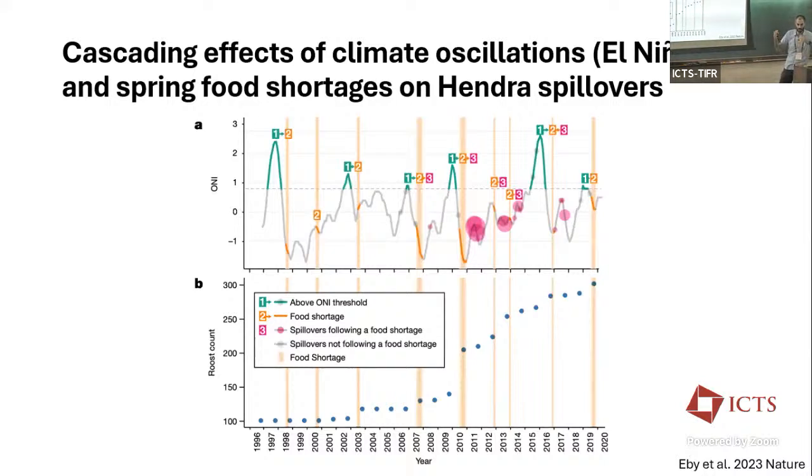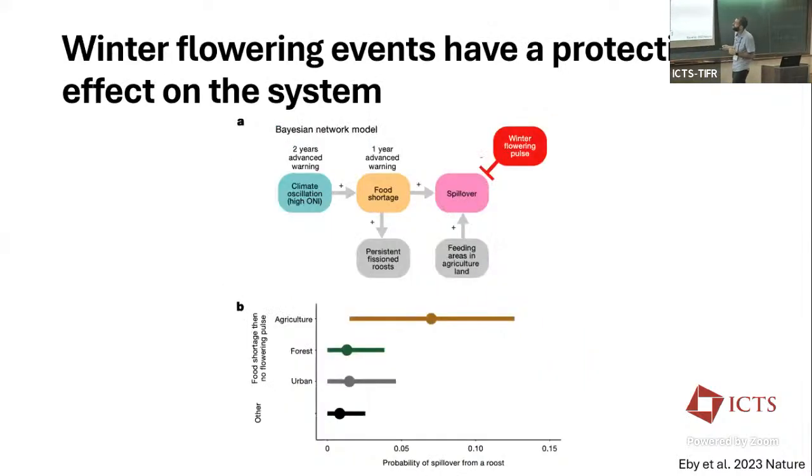So they're perceiving that the signal from the environment is, we no longer can live here, we need to go somewhere else. And so they're going into these urban areas. And so you can build this really great explanatory model for Hendra virus spillovers. So, with a lag of 2 years back, right?